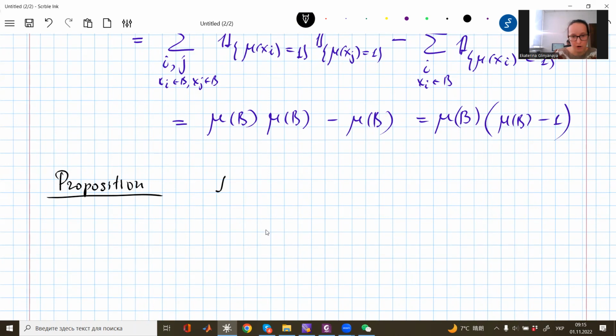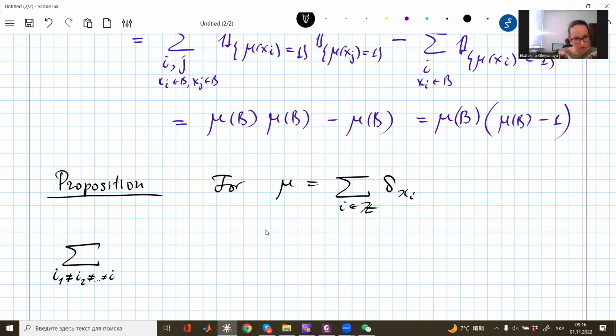So we have a measure mu of the form sum of delta x_i from Z. If I consider summation over non-equal indexes i_1, ..., i_m, such that all x_{i_l} are in subset B, and I consider all these indicators, mu of x_{i_1} equal to 1, mu of x_{i_2} equal to 1, and so on, mu of x_{i_m} is equal to 1.